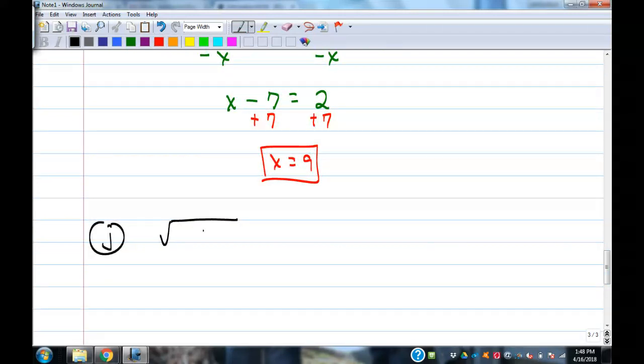Let's get to one that looks really hard. Square root of 4x minus 3 minus the square root of x equals 0. Subtract that one or add the one.